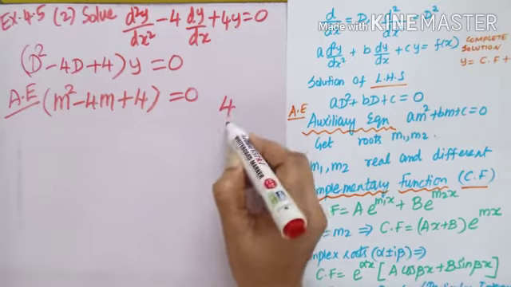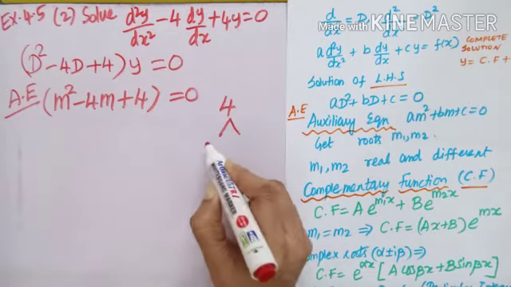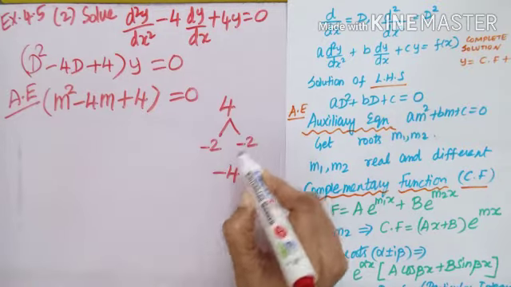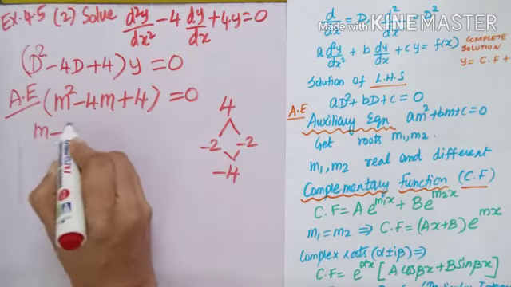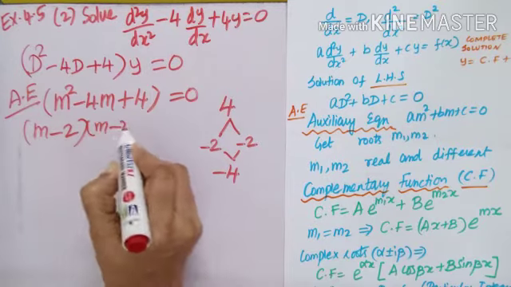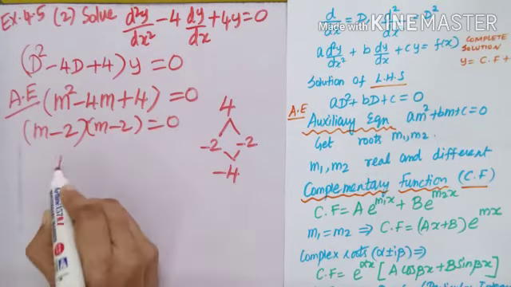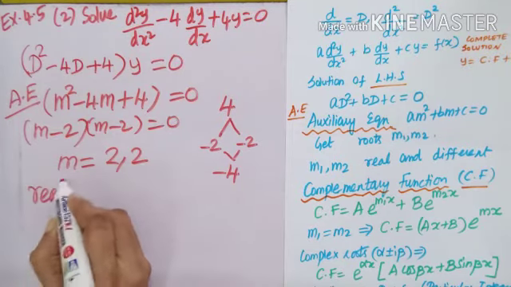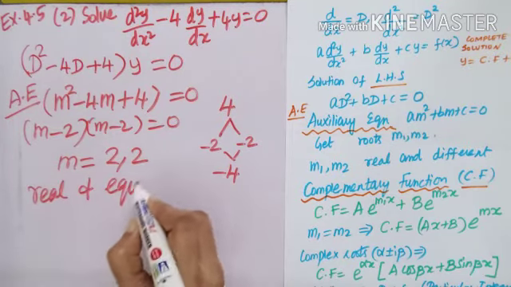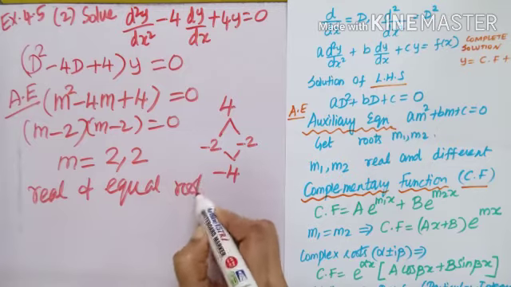As I need the product 4 and the sum minus 4, the only options are minus 2 and minus 2. So we get (m minus 2)(m minus 2) equals 0, or m equals 2, 2. The roots are real and equal.